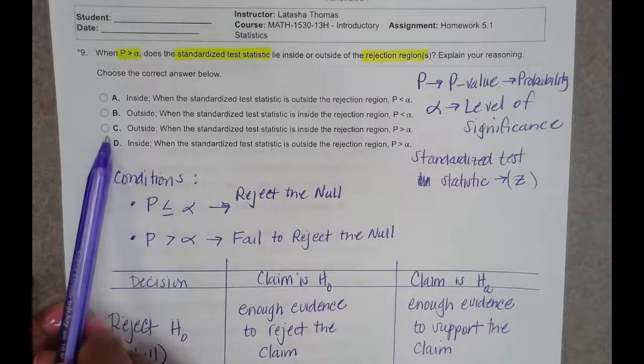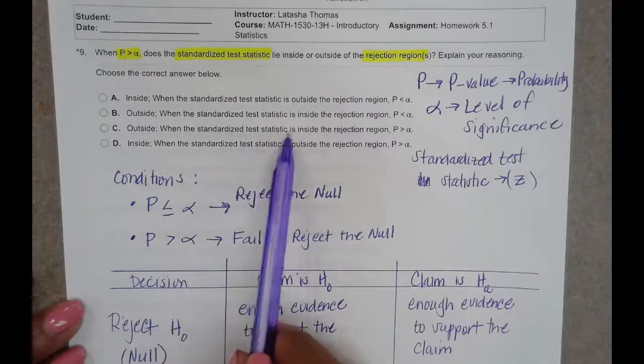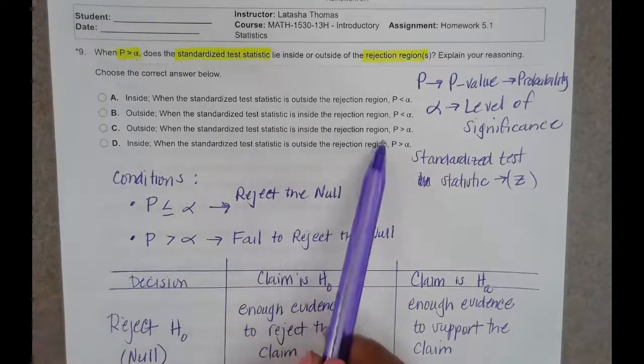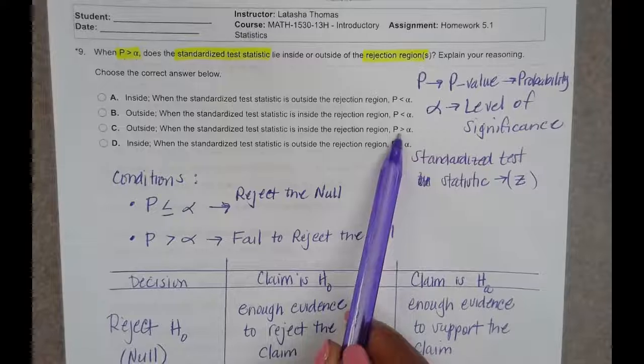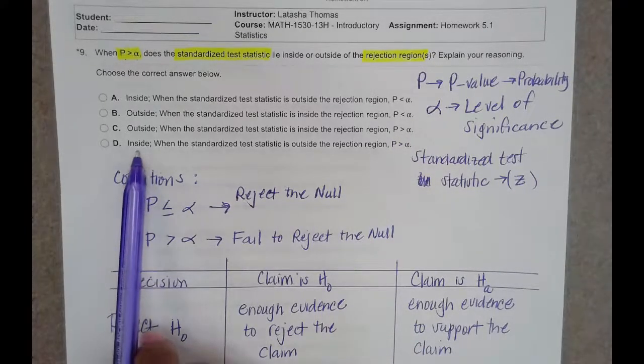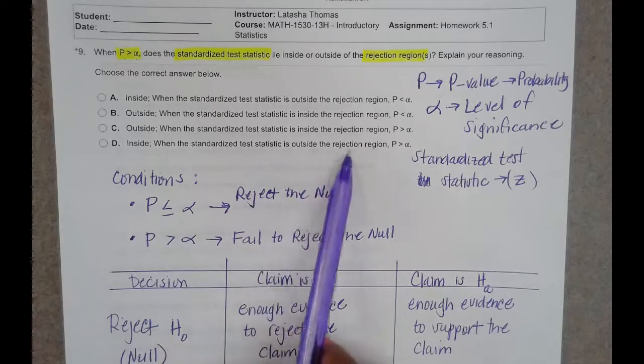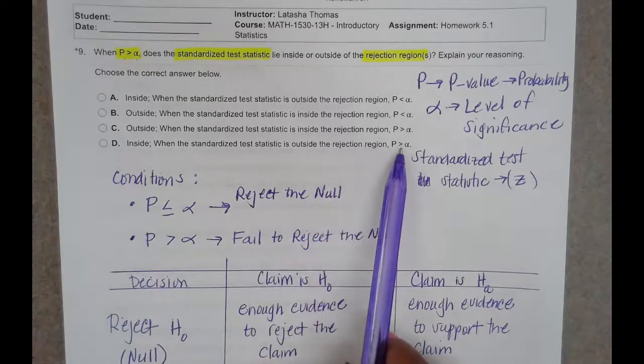C, outside. When the standardized test statistic is inside the rejection region, P is greater than alpha. And then D, inside. When the standardized test statistic is outside the rejection region, P is greater than alpha.